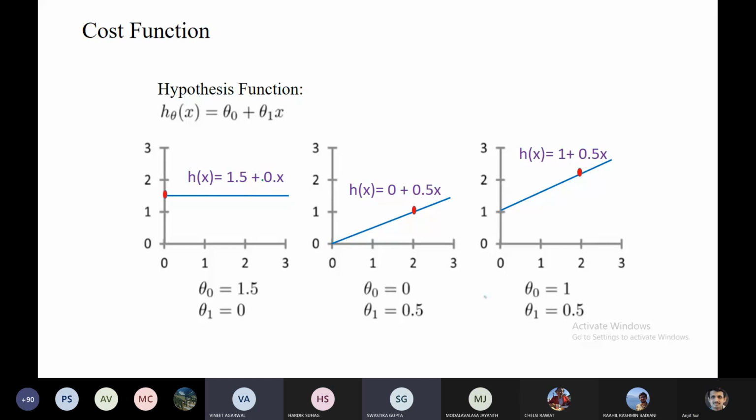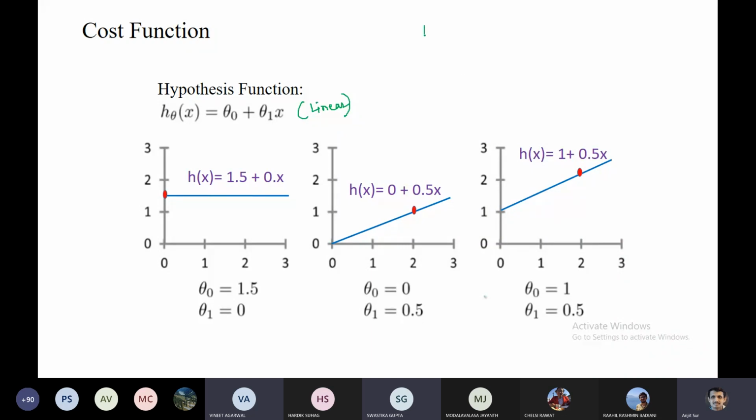Now you see, this is called the hypothesis function, and in this case it is linear. Now, what do we mean if theta 0 is equal to 1.5 and theta 1 is equal to 0?